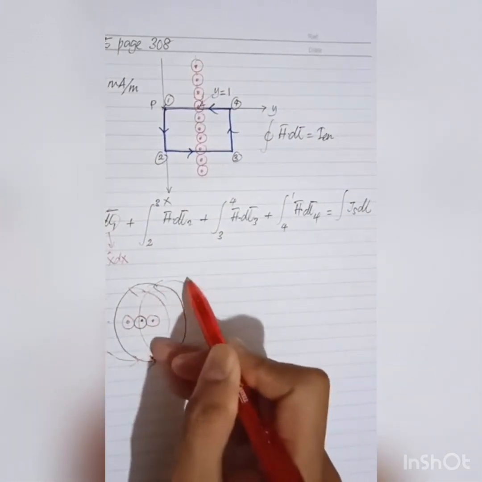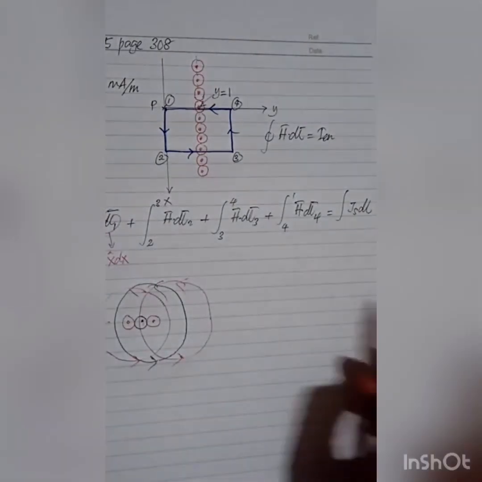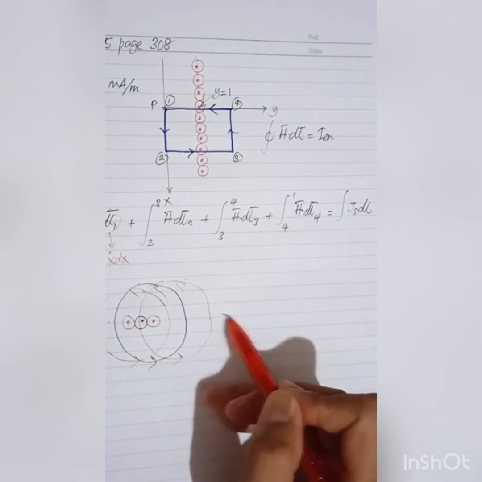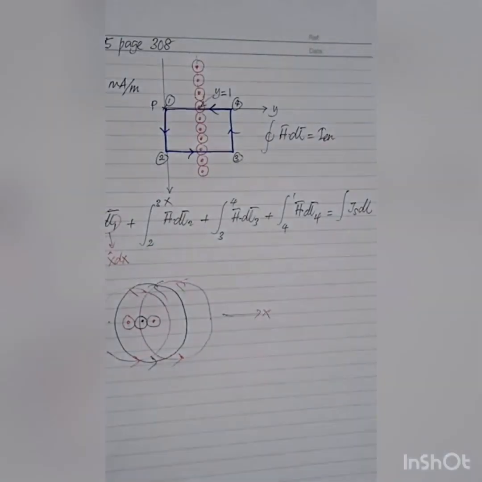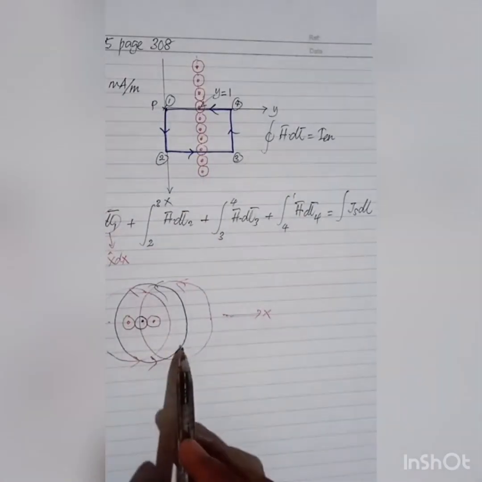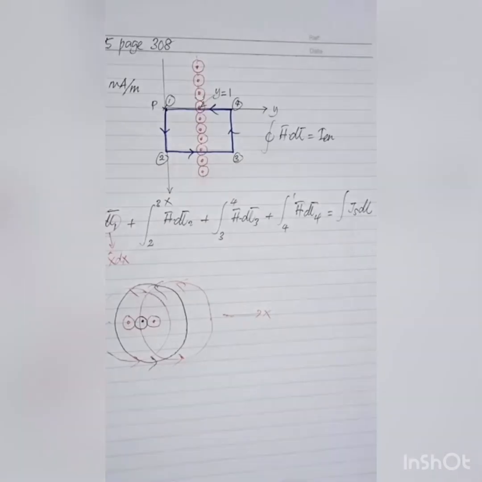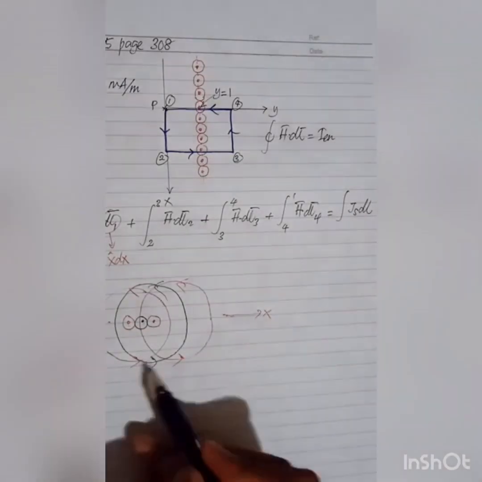All the H field will go in that direction. So let's say we place this series of line currents along the x-axis. We know that at this region, all the H field will go in the positive x direction, as shown here.